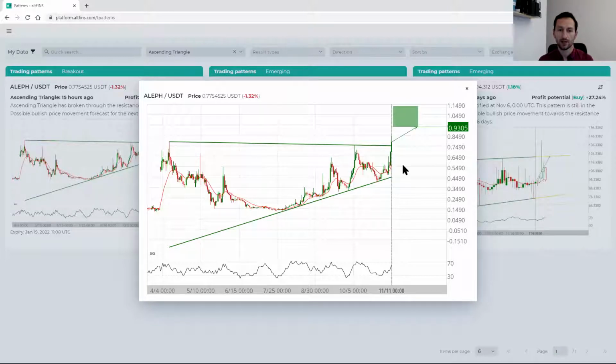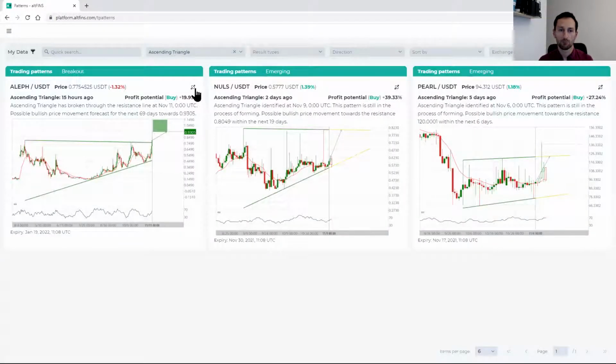But in this case, the system indicates that there's been a breakout from the ascending pattern, with the expectation that the price will then continue in that direction of the breakout, and also in the direction of the overall trend, up to that target area of 93 cents to $1.15 or so.